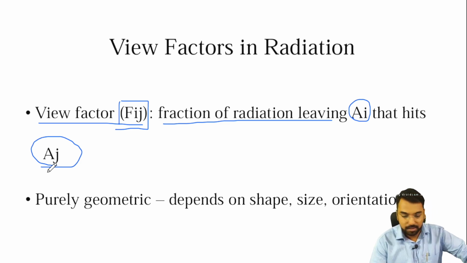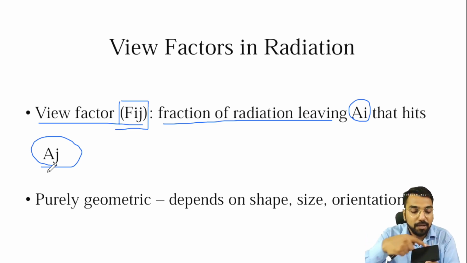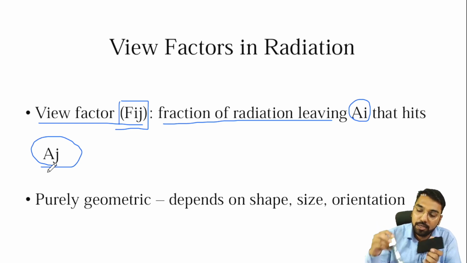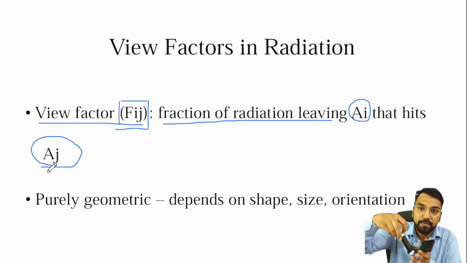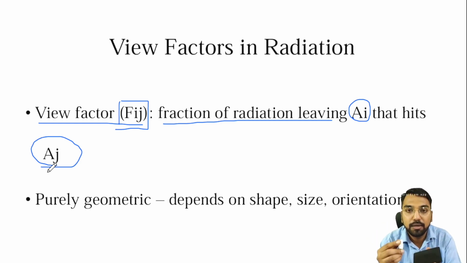Take an example again. Let's say these are two objects, and this surface area emits some radiation energy toward the other surface, and they are placed in some position.